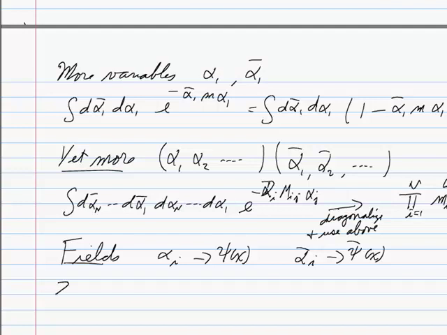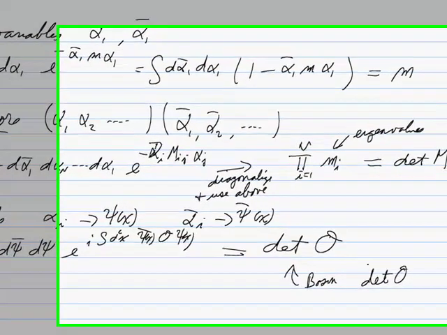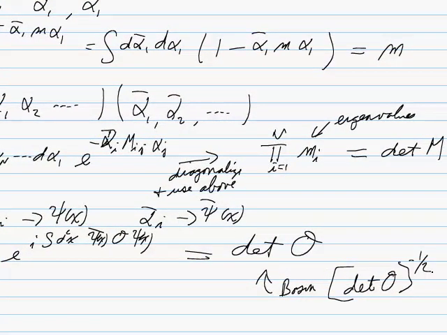Then Z is going to be the integral dψ bar dψ e to the i integral d^4x ψ bar O ψ, which is going to then turn into the determinant of O. Okay, so just like for bosons, remember, a single boson gave us the determinant of O to the minus a half.